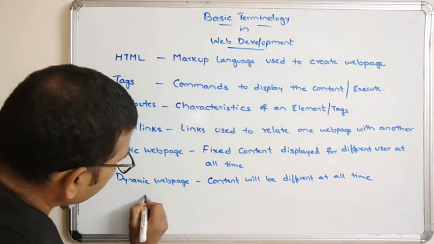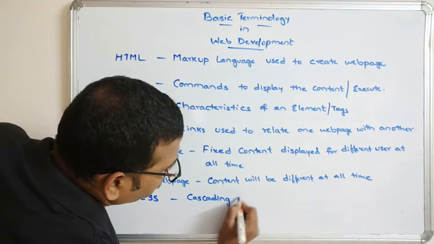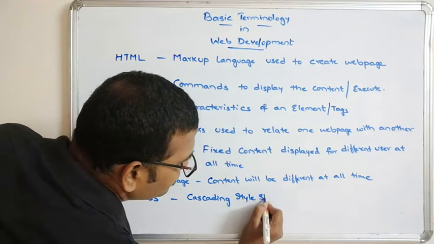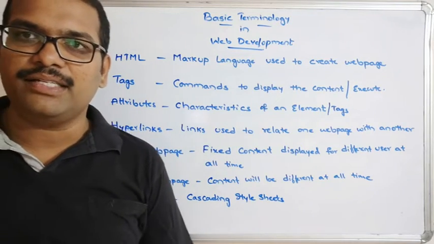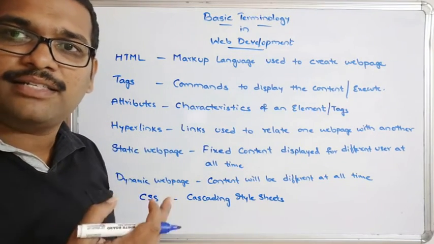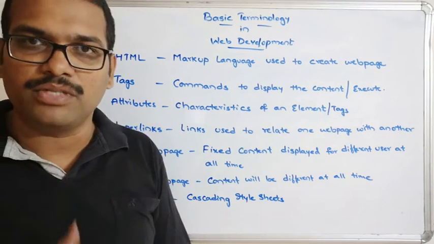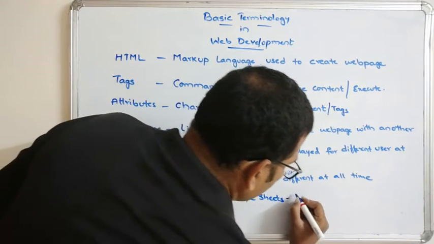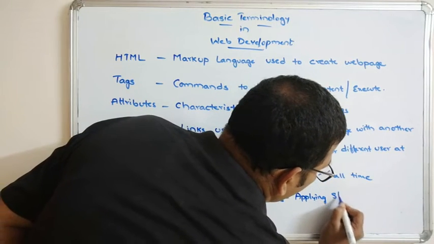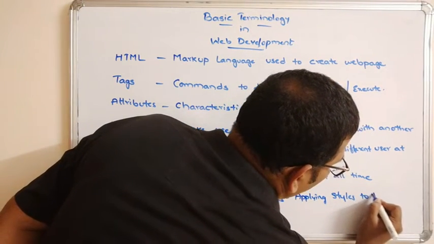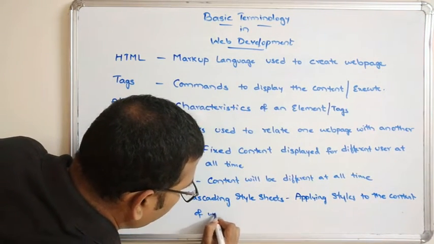And the next, CSS. CSS is nothing but cascading style sheets. The name itself indicates that CSS will provide different styles for the content which is displayed on our web page in the web browser, applying styles to the content of a web page.